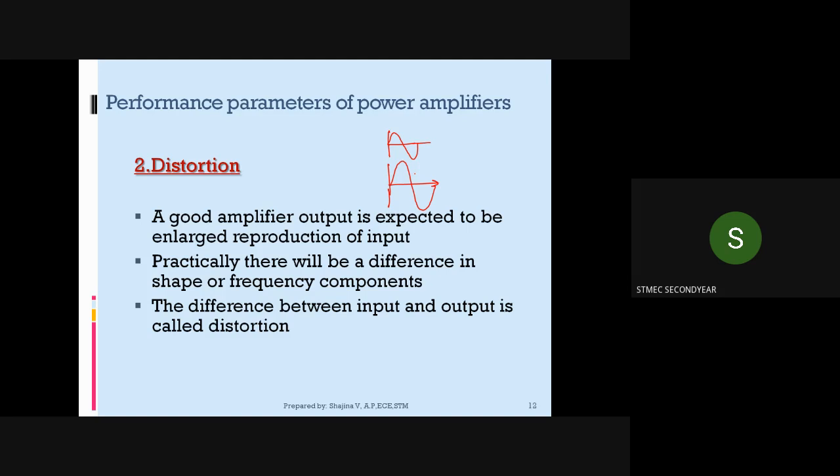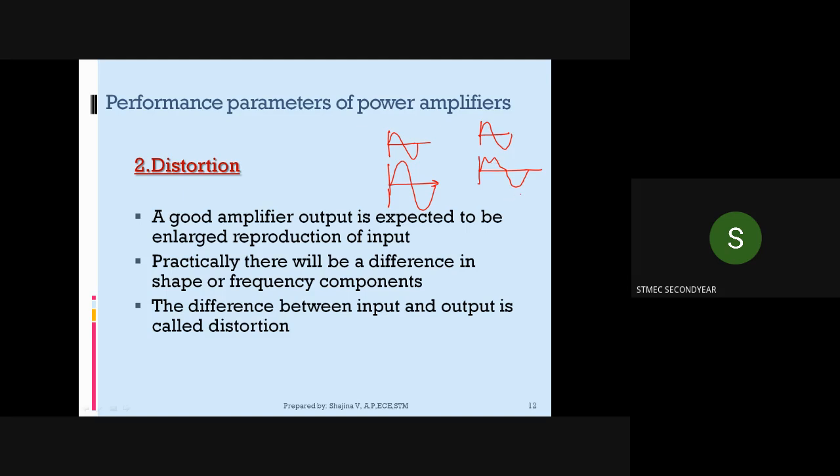Difference in the sense, in the case of our amplifier there will already be a difference: the output will be enlarged, we are increasing the voltage. Other than that, there should be no difference in its frequency or shape. For example, if I am giving an input signal like this and if I am obtaining an output signal like this, this is called distortion. There will be a change in shape, right?